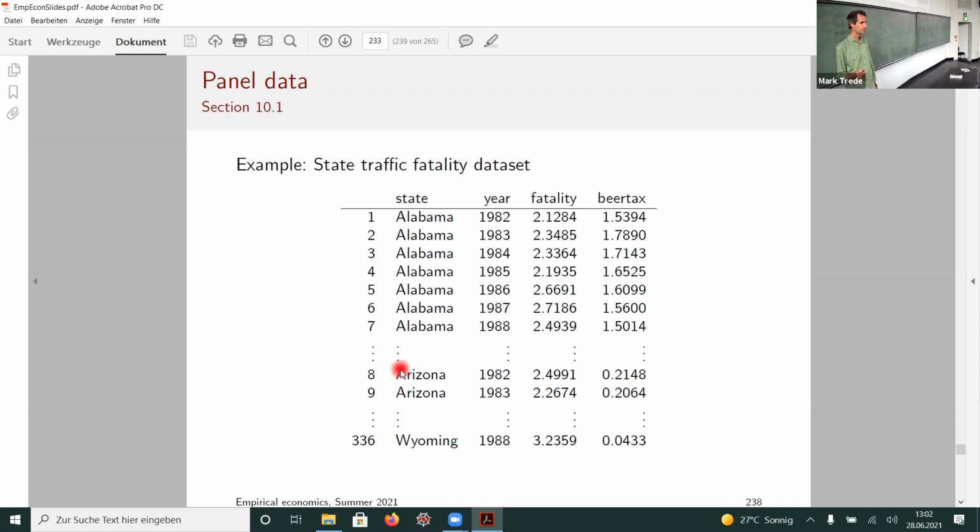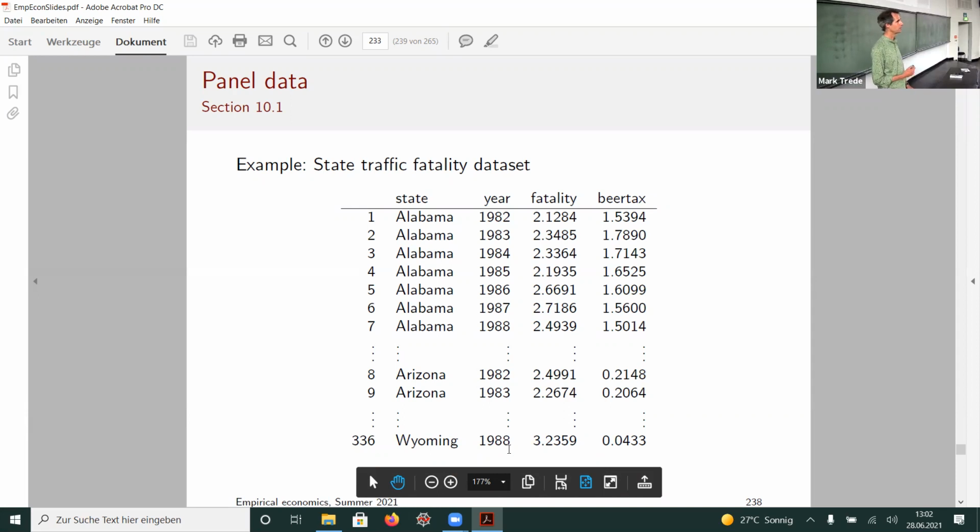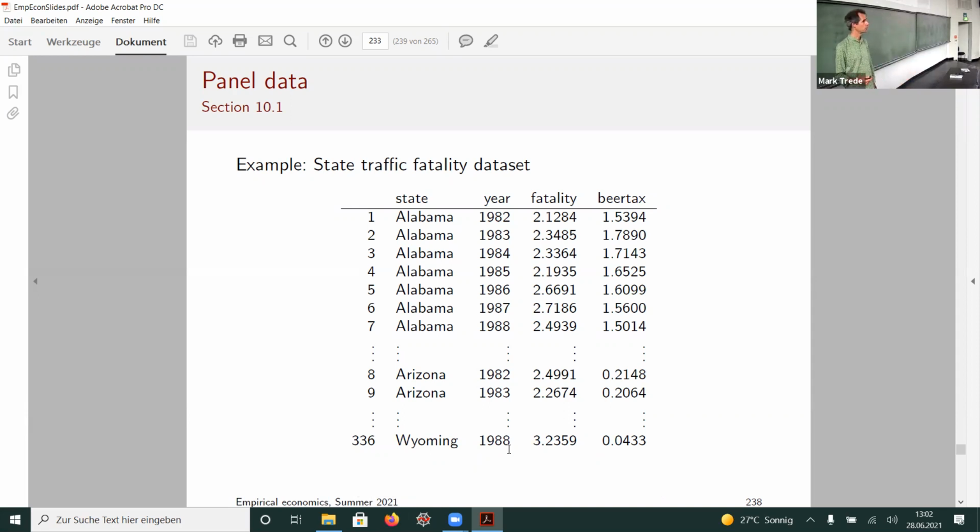So the next state is Arizona. We start again in 1982, 1983, and so on. And in the end, we have Wyoming in 1988. Okay. So this is a way to write down panel data. And that's the good way, the pure or the tidy way to write down panel data. That's the way you should strive to use.